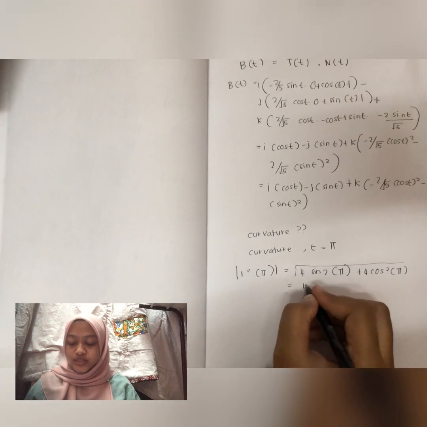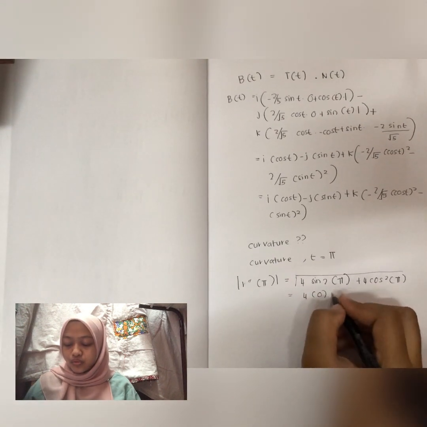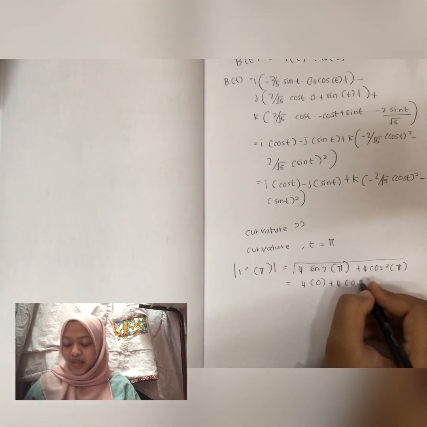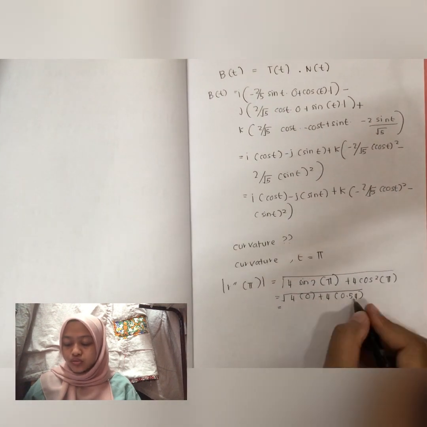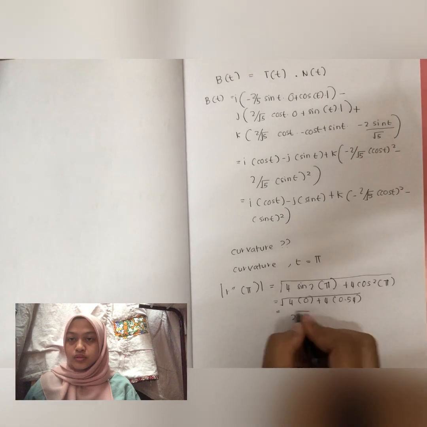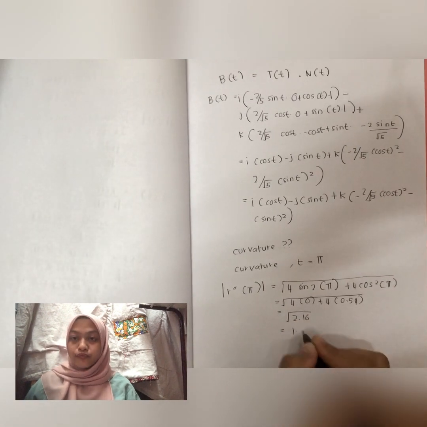Settle the equation. We got square root of 4 multiplied with 0 plus 4 multiplied with 0.54. We got square root of 2.16. So, the solution is 1.47.